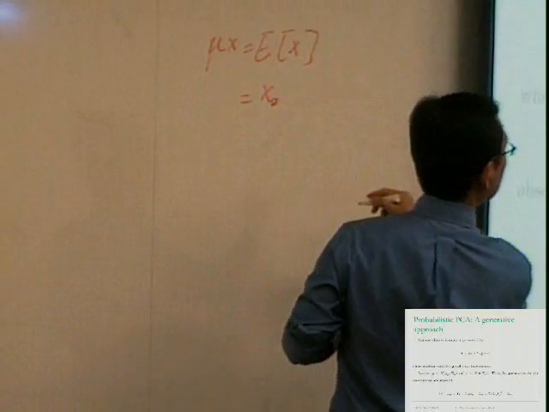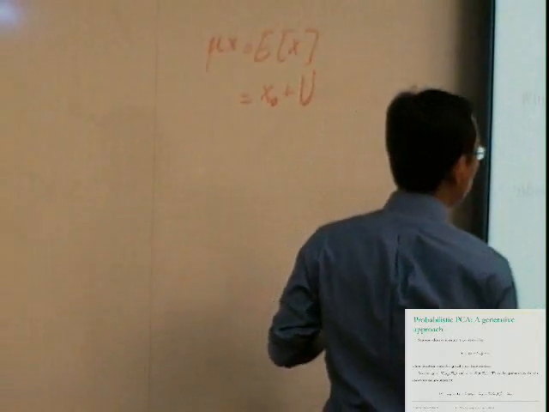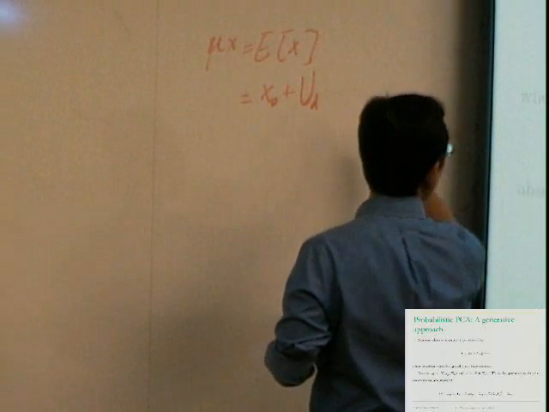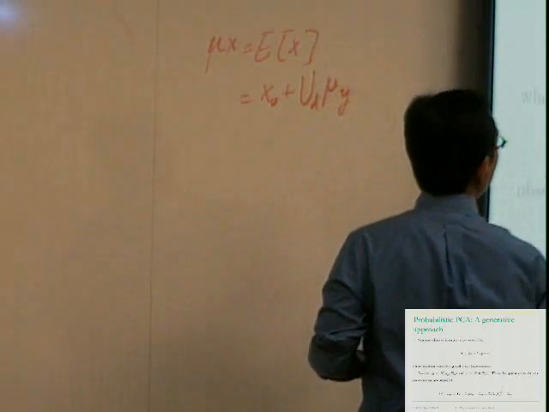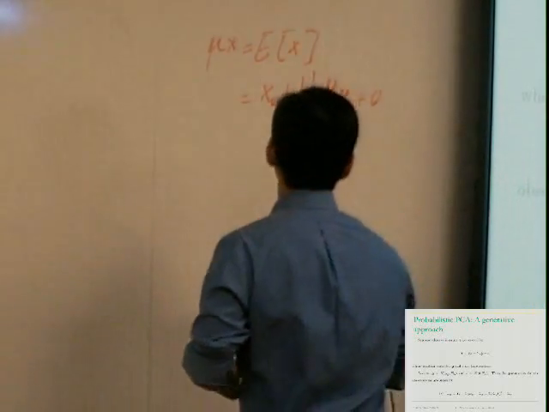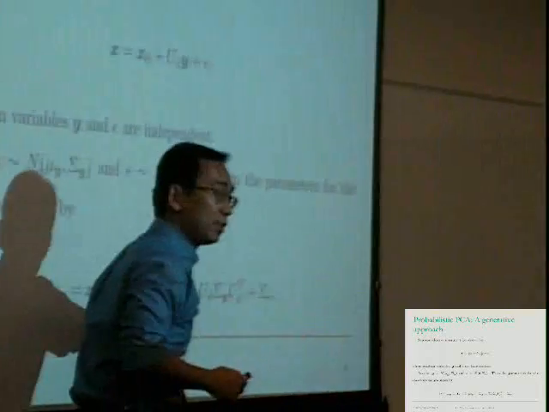And this is a linear operation, so you can bring the expectation to the second term. The expectation of y is nothing but the mean of y, and the mean of epsilon is 0, plus 0. So that's the first term. Do we have to explain the second term?